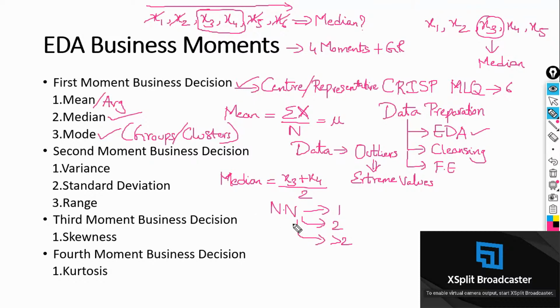That can be understood by calculating mode. So we generally calculate three measures, mean, median, and mode, for each and every column, each and every feature present in the data.